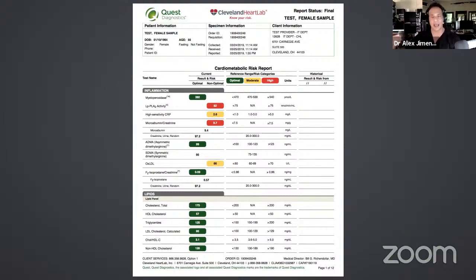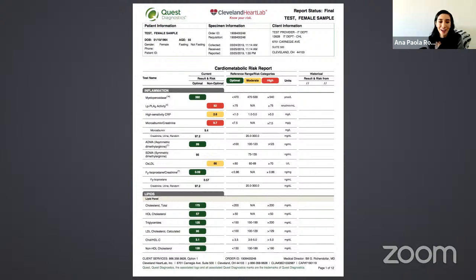If someone has a high LP little a, that means that if they have other factors such as poor diet, poor activity, poor lifestyle, they can launch into a state of clinical cardiac reaction that can be life-threatening, and it could look like a very healthy individual.